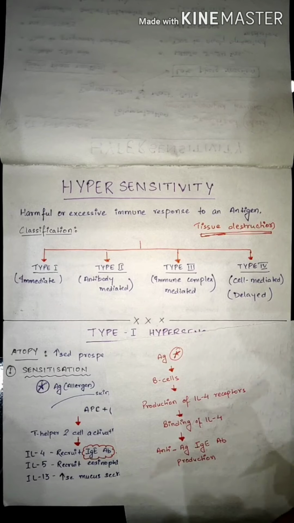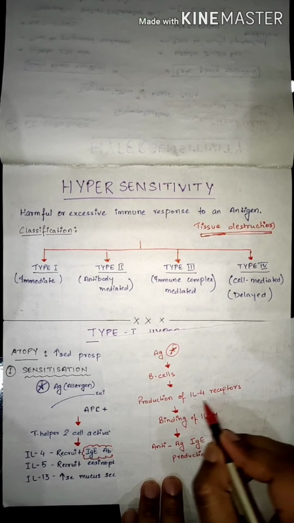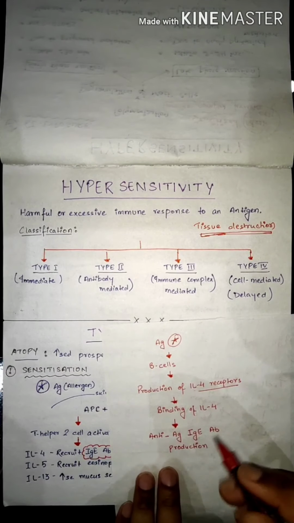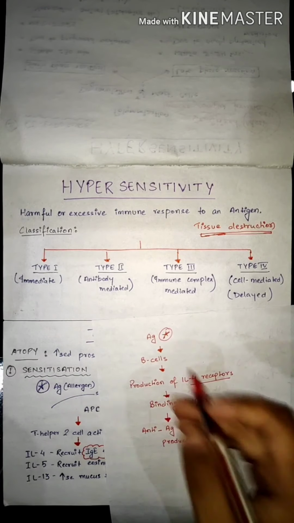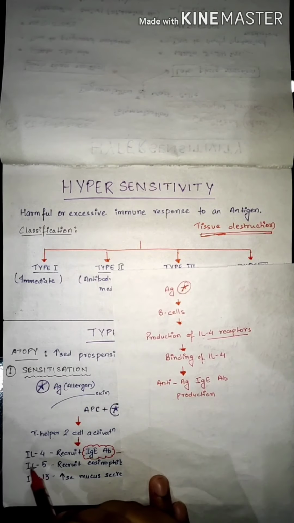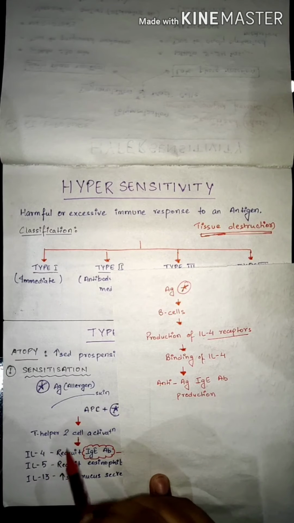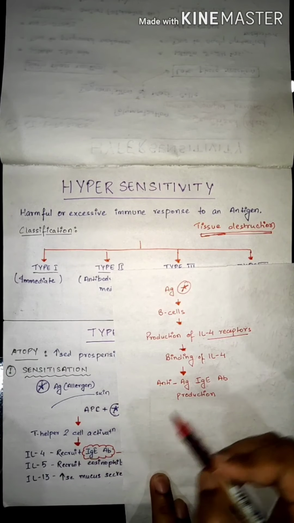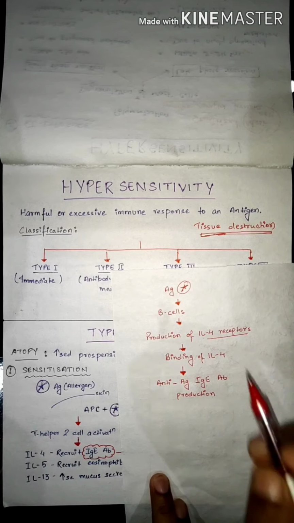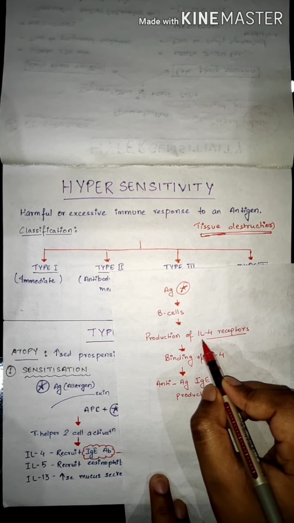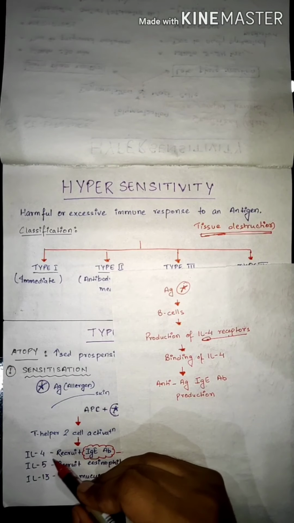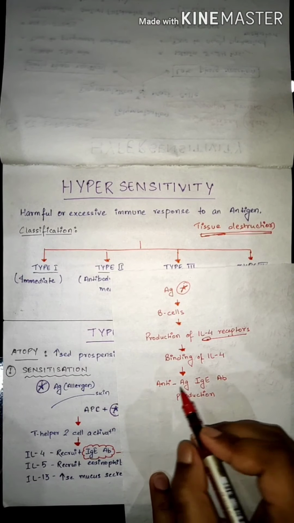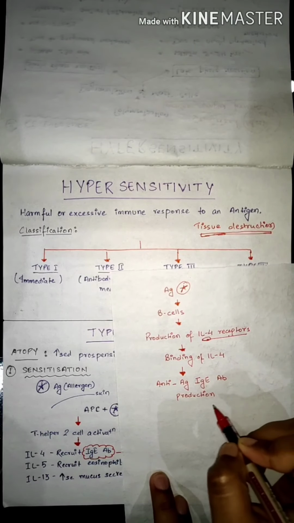These interleukin 4 receptors will be presented on the cell membrane of the B cells, and the interleukin 4 secreted by the T helper 2 cells will then bind to these receptors. This binding of interleukin 4 receptors with interleukin 4 leads to the production of IgE antibodies.